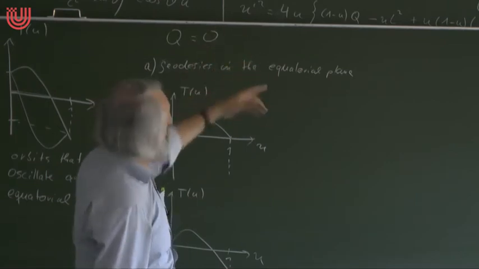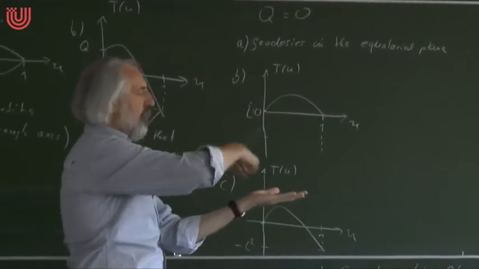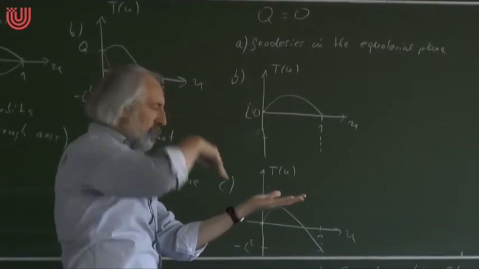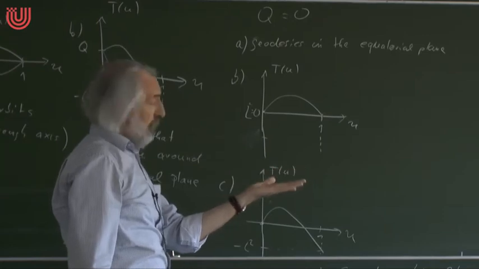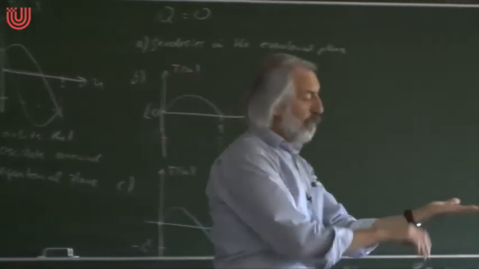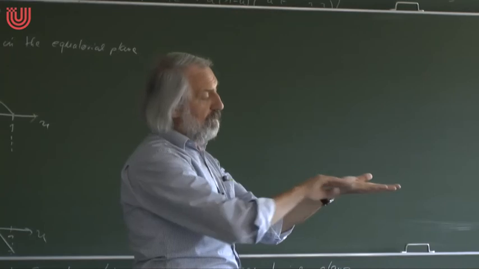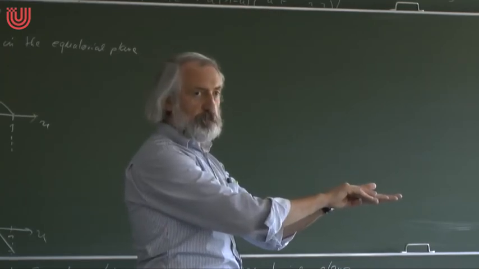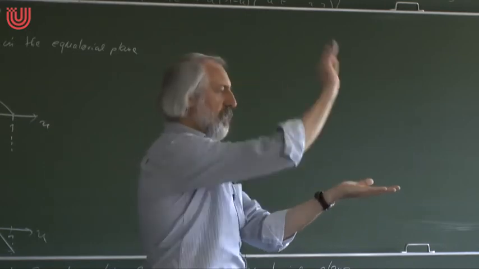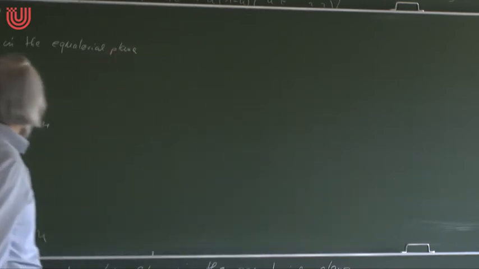So it cannot be a minimum or a maximum in the sense that the second derivative is different from 0. And because the geodesic equation is a second order equation, it follows that if the second derivative is also 0, then it must be inside the plane. So the case that it touches and peels off again is impossible.